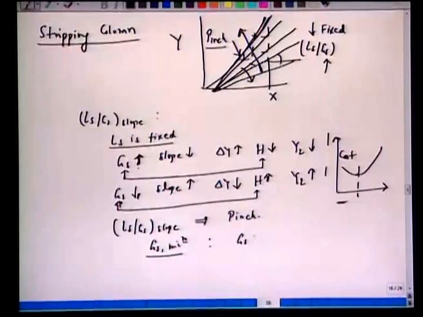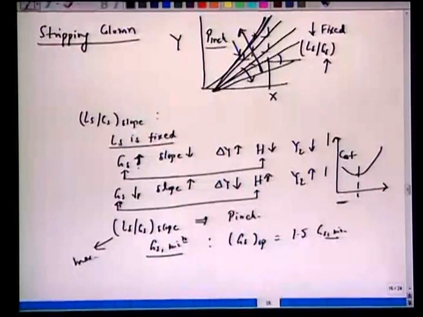From here we can get Gs operating equal to 1.5 times Gs minimum. So see the difference, Ls by Gs is now maximum here. Unlike in case of absorption column, Ls by Gs was minimum. Okay, although Gs is still 1.5 times the Gs minimum. So we must understand the way the operating line moves in the stripping column as we increase or decrease the flow rate of Gs, because Ls is fixed.